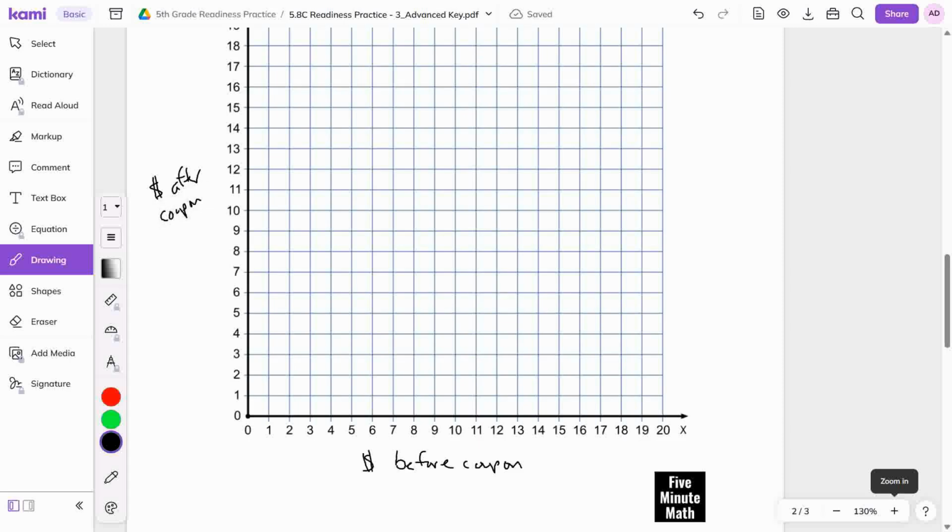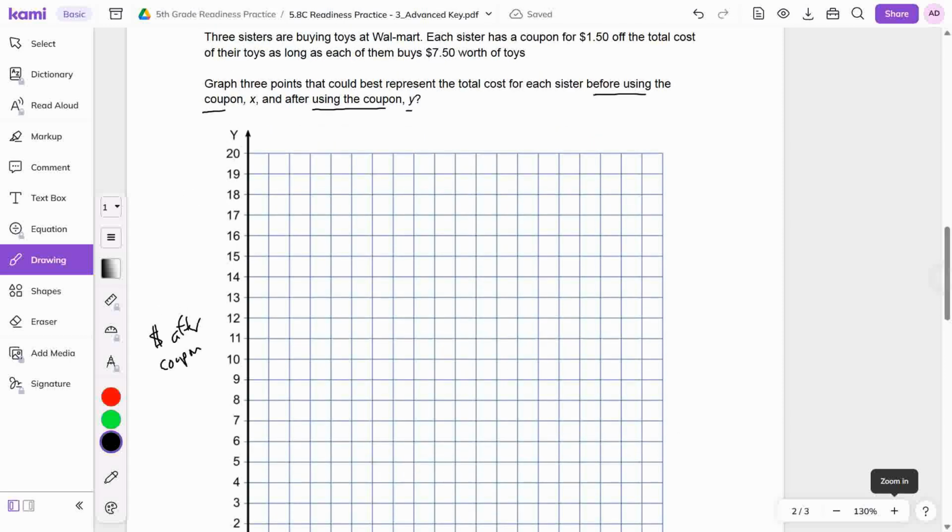Now, we have this simple rule to where it's $1.50 off. So if we take our x, what we're going to do is we are going to subtract 1.50. I'm going to call that a 1.5 because we don't really need that extra 0 unless we're dealing with dollars and cents.